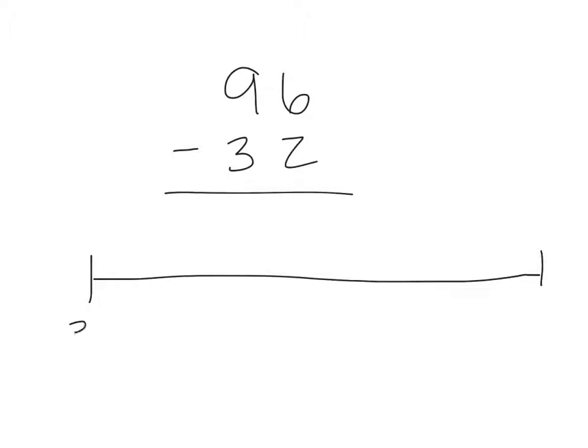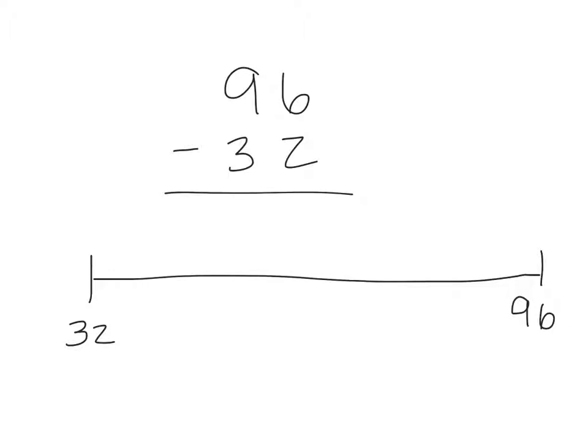I'll put 32 at the bottom and 96 at the top. So here's my number line. I could draw in all the lines between 32 and 96, but that's going to take a lot of time. So I'm going to leave it blank. I'm going to leave it open.